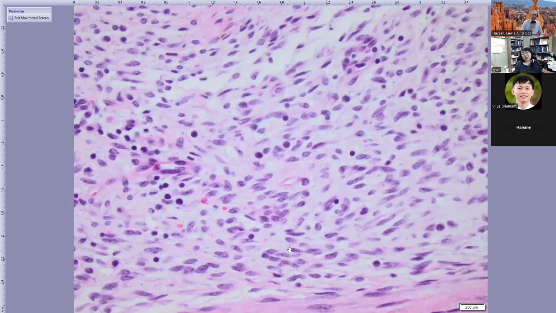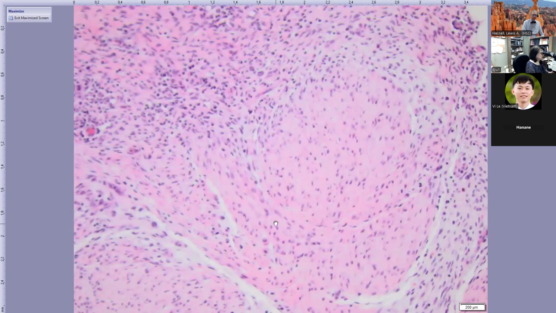Yeah, spindly, and the nuclear contour is still very smooth. Although kind of primitive, there's not much mitosis. Those smaller cells are inflammatory cells, like lymphocytes. Occasionally we can see red blood cells, maybe eosinophils. So this is overall primitive, but does not have a very typical malignant look. So that's a small cell area.